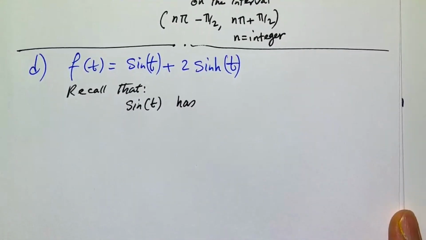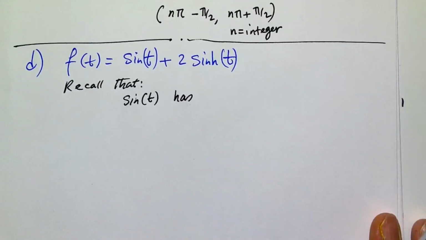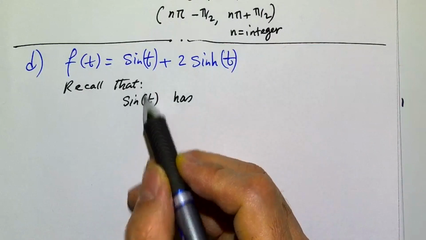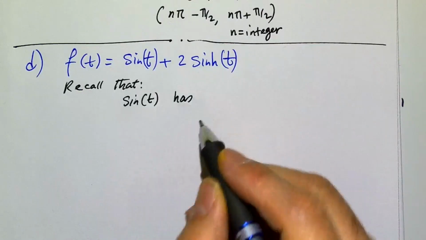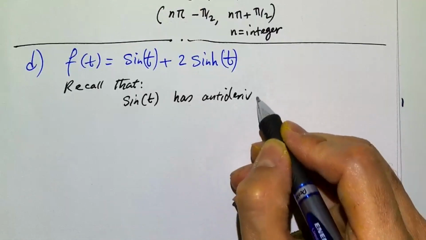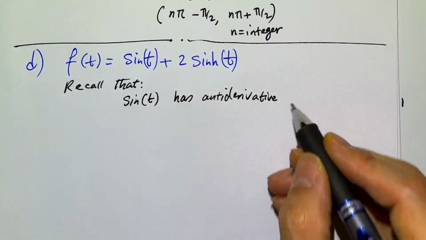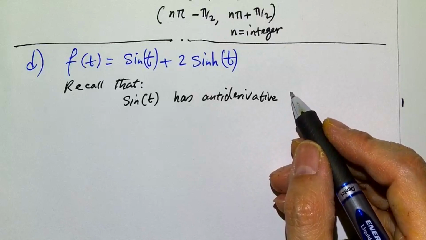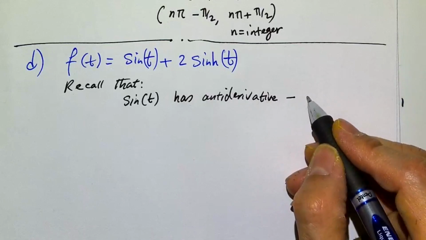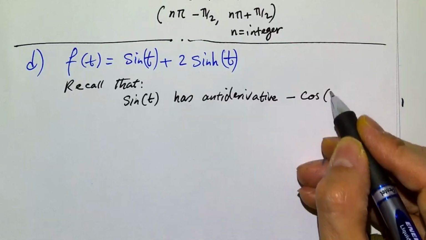I won't be doing it like that in the future sections, but we're just introducing this. So that sine function, sine of t, has antiderivative minus cosine of t, right?